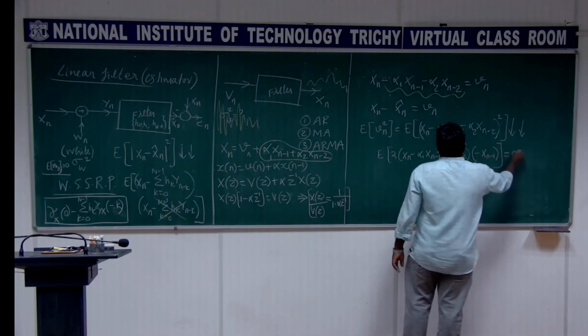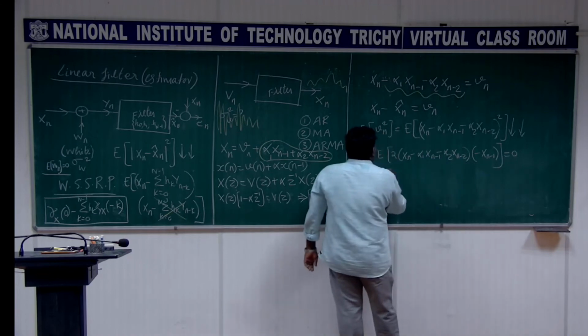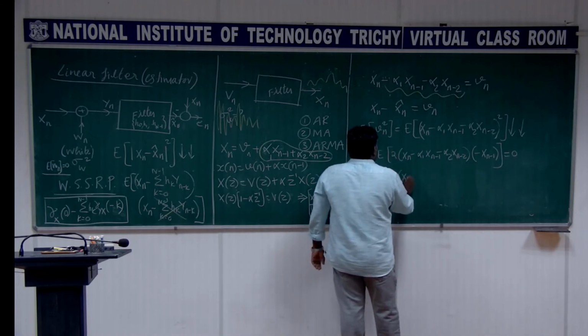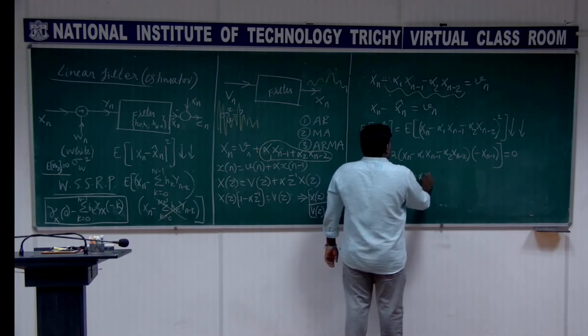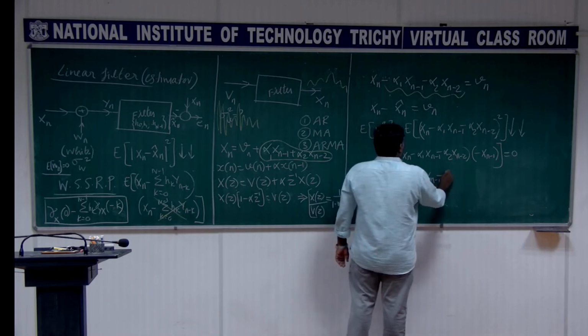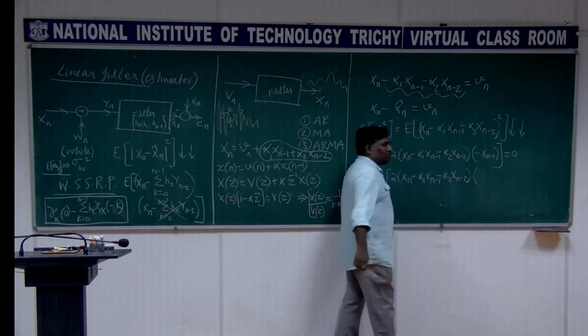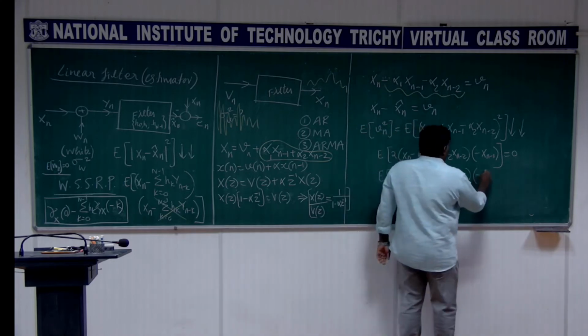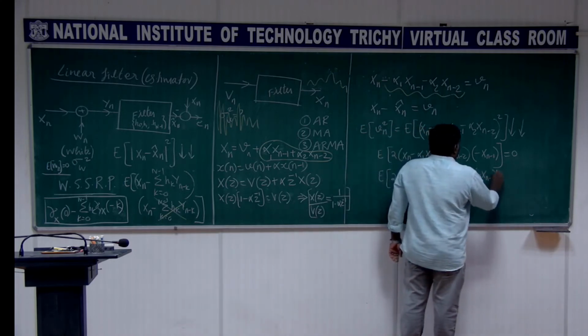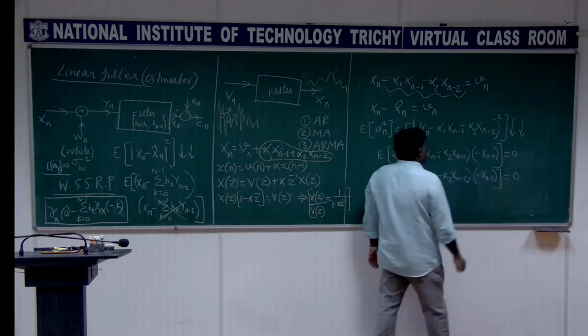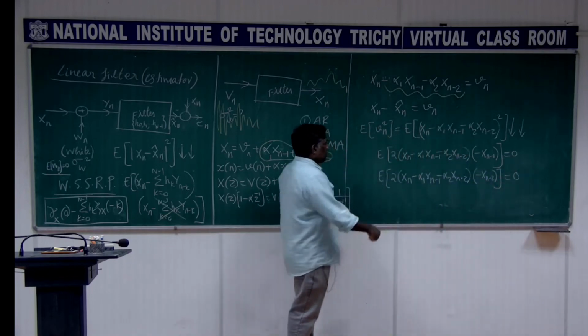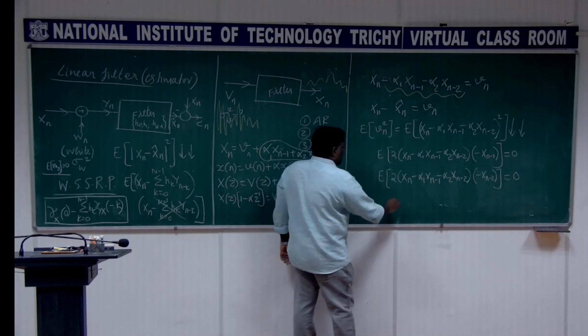This is equal to 0. Then we have another term, 2 times Xn minus alpha 1 Xn minus 1 minus alpha 2 Xn minus 2, with coefficient of alpha 2 which is minus Xn minus 2, equal to 0. Right? So we write it in matrix form.